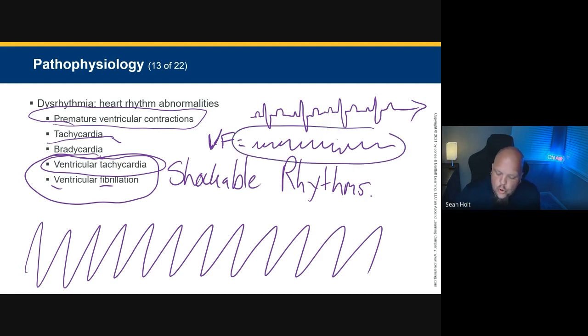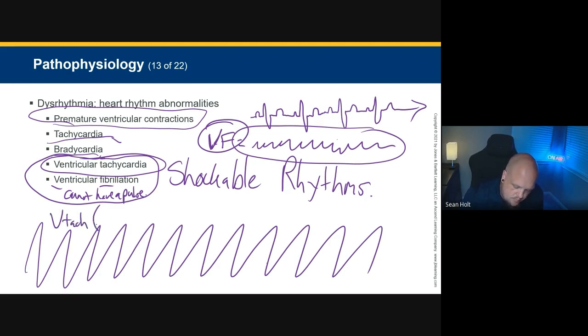Notice how it is more regular and more organized than VF or ventricular fibrillation. So VF cannot have a pulse, but VTAC might have a pulse.